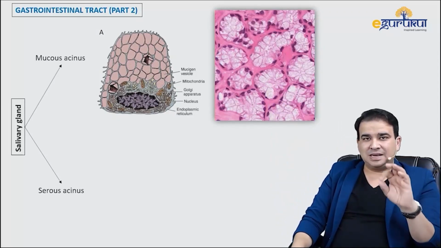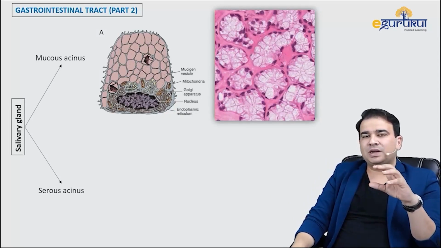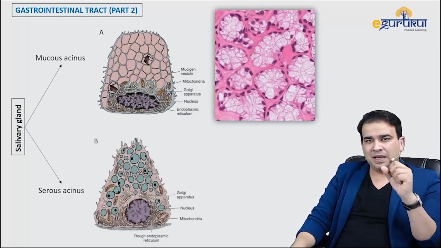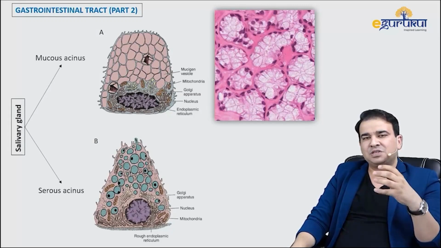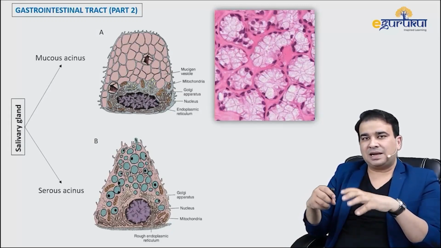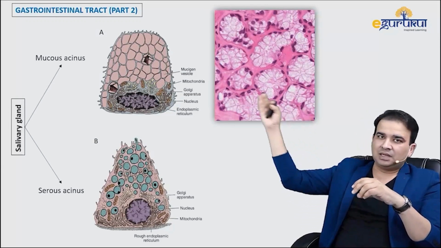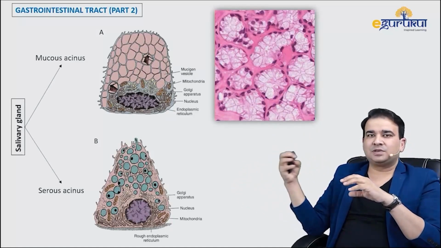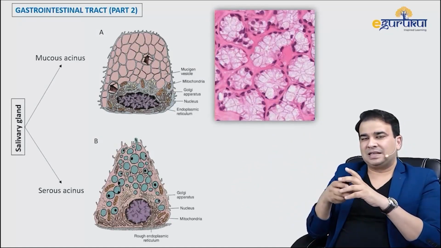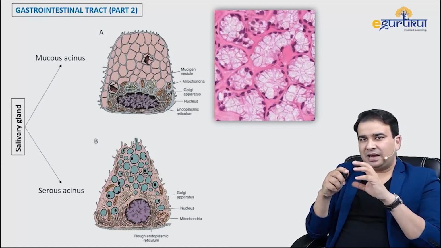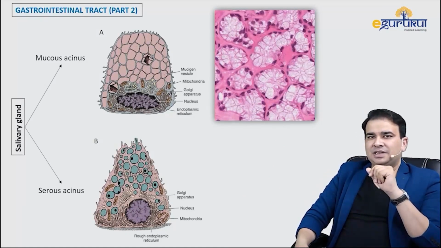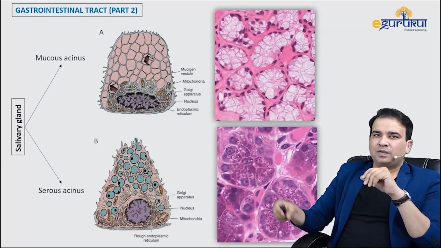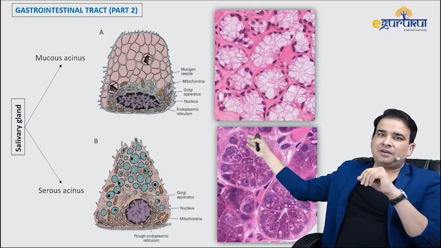Whereas in case of the serous acinus, the cells are more or less triangular or pyramidal in shape. They also have nuclei which are relatively basal in position, but those are rounded nuclei. Unlike the mucous acinus, we have a rounded basal nucleus in the serous acinus, and they stain intensely in the H&E staining, so they look very darkly stained with all these granules present in the apical region of the cell.